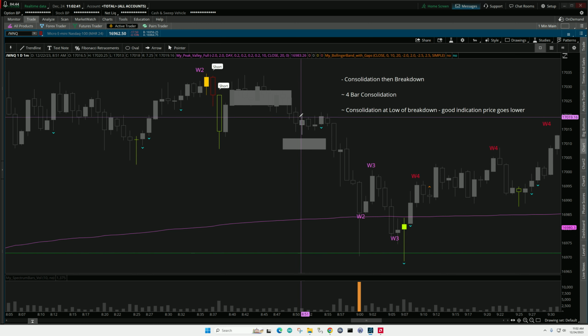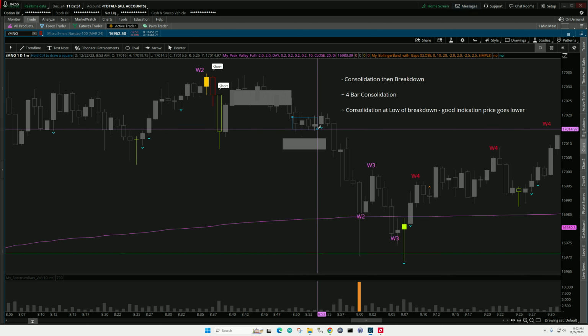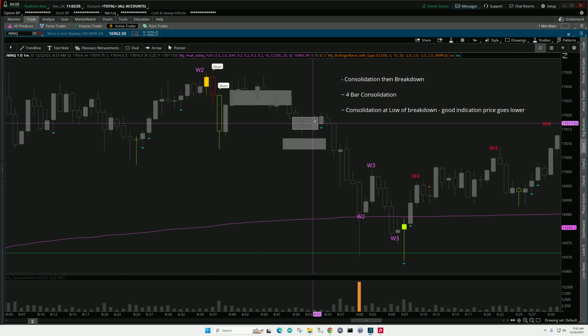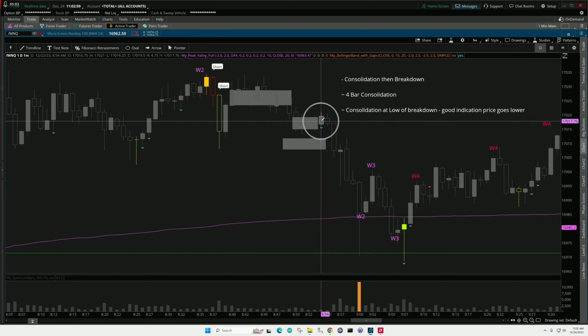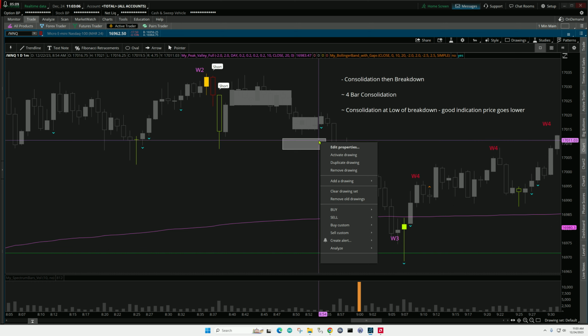So I'm going to draw a rectangle basically from the top of this, almost the bottom of this, to the top of this. So here's our 4 bars. These 4 bars right here all overlapped. This entire range, you've got an intersecting candle here, an intersecting candle, and then you get price breakdown outside of that.